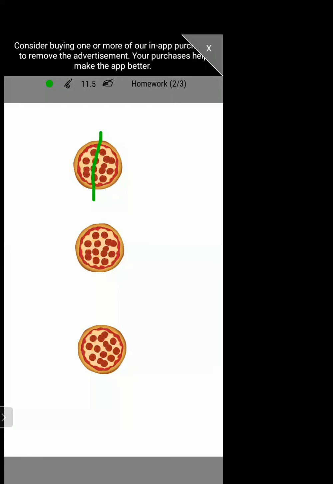Now you have 1 half here, and if I decide that I don't want to eat half of the pizza, I want to eat four parts of it. First I divided it into two equal parts, and now I want to divide it into four equal parts.